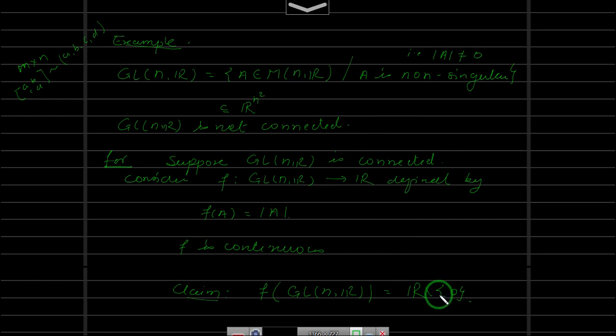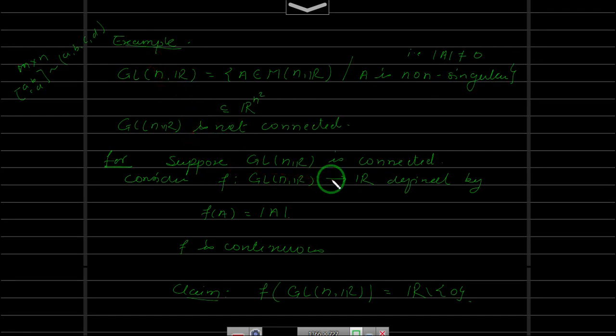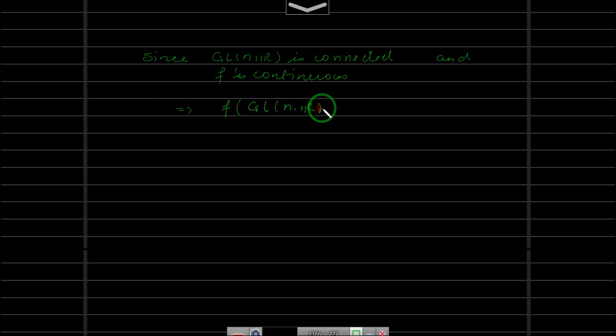Now since we assumed that GLnR is connected, and f is continuous, this implies f of GLnR is connected.